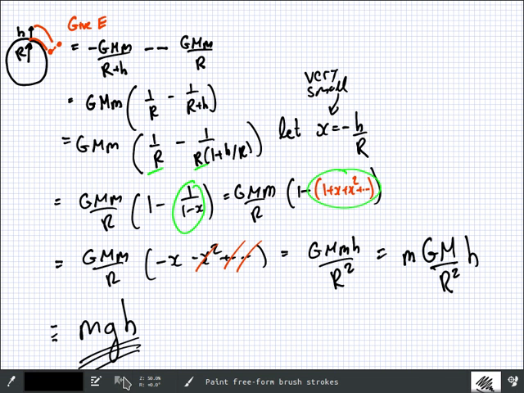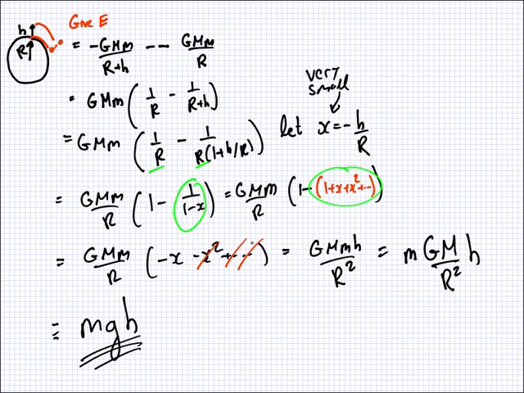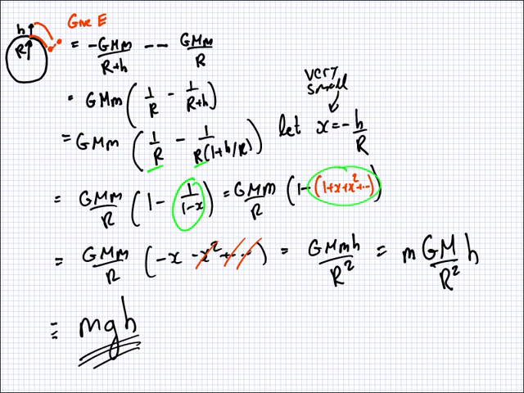Same. So if you move between two energy levels near the surface of the Earth, you can use this formula, or you can use this formula. It's the same answer. It's nice. I like it.